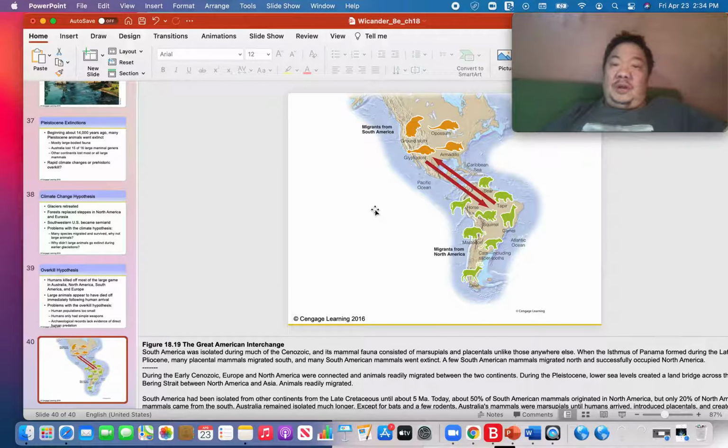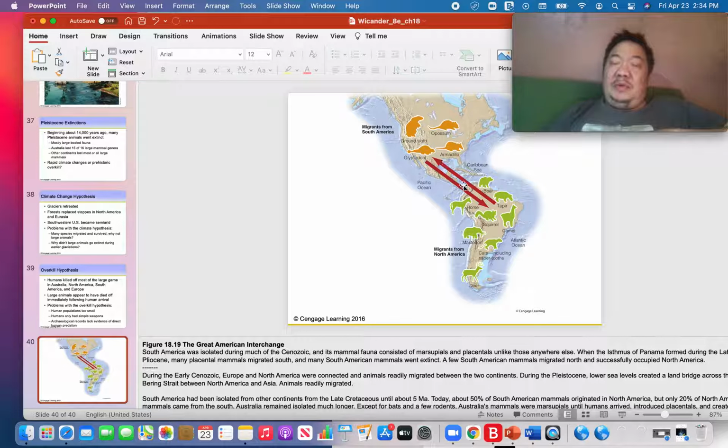Another thing that you want to bear in mind is that before 3 million years ago, North America and South America were separated by an ocean. Central America did not exist yet. And in South America, you had mostly marsupials, and in North America, you had mostly placentals.